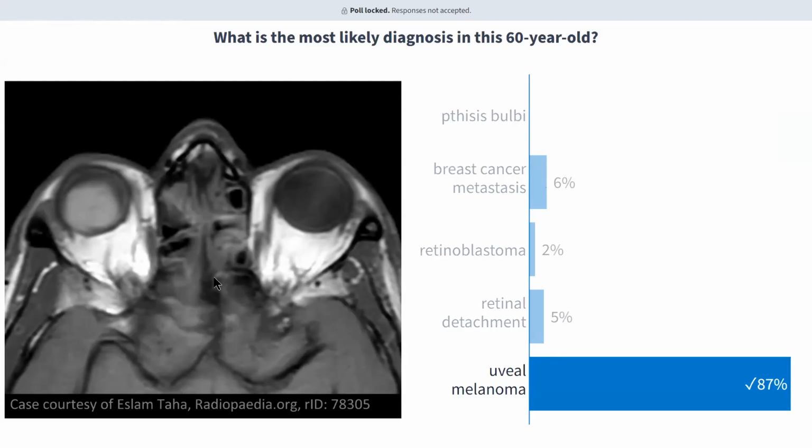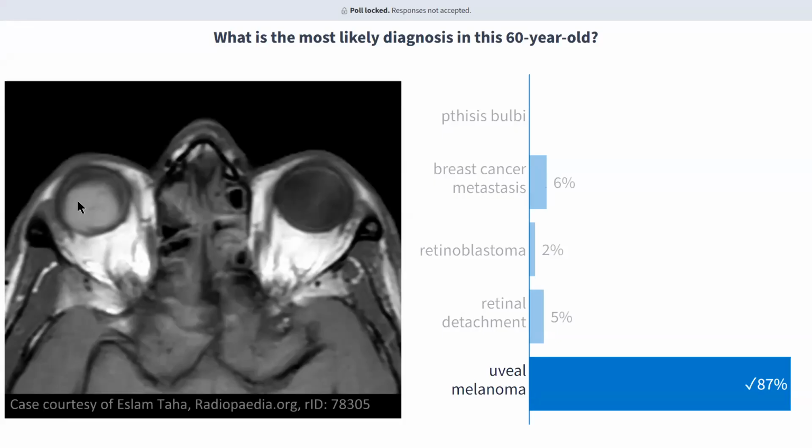So we know that this is a pre-contrast image, and the CSF is dark, consistent with a T1 pre-contrast image. Then recognizing that this mass within the right globe is intrinsically T1 hyperintense makes us think of things that have blood or fat or melanin or a lot of proteinaceous gunk.